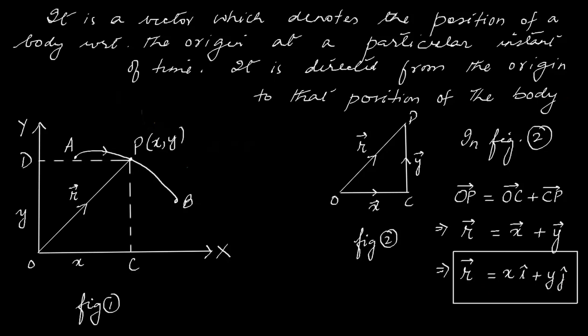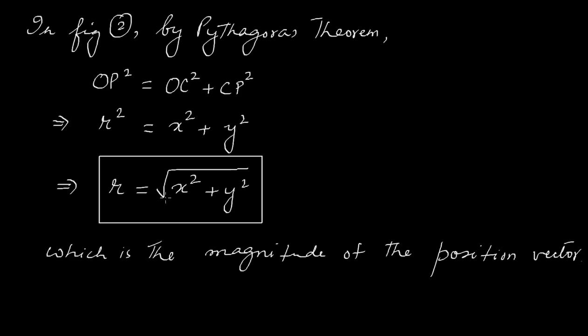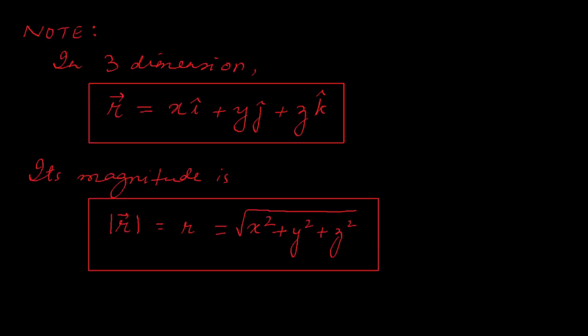All right, and what will be its magnitude? How do you find the magnitude? So magnitude will be just coefficient of I cap, that is X square, plus coefficient of J cap, that is Y square, under a root. Okay, and in 3 dimension, the position vector is written like this. There is an extra term, and that is the magnitude.